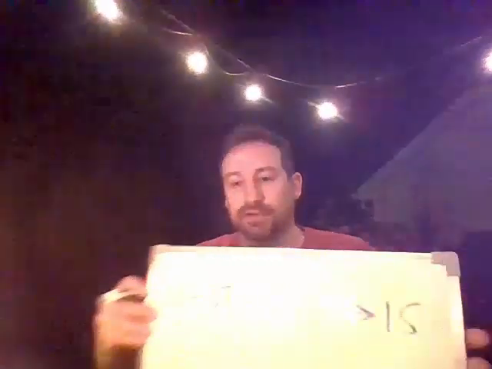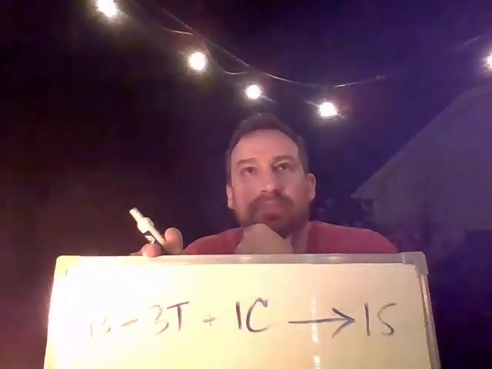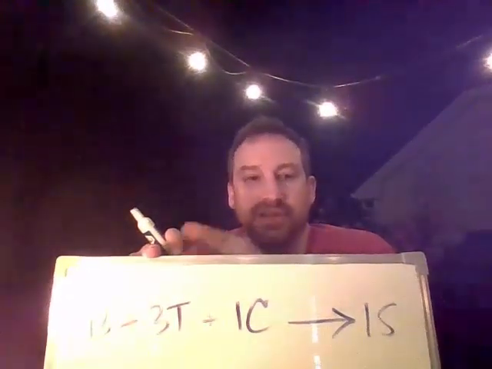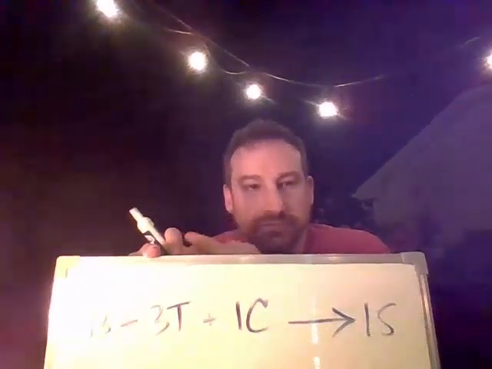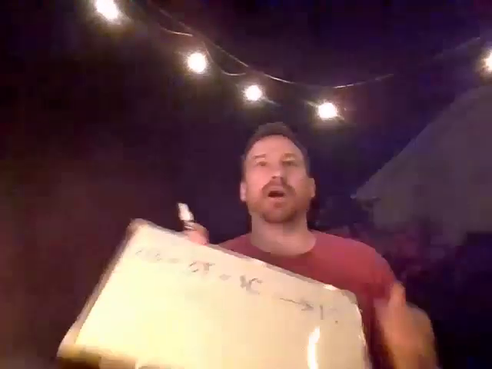So the idea here, here's our little whiteboard, if this shows up for you. The idea here is that we can manipulate values of ingredients to essentially predict either how much are we going to make or how much are we going to need.